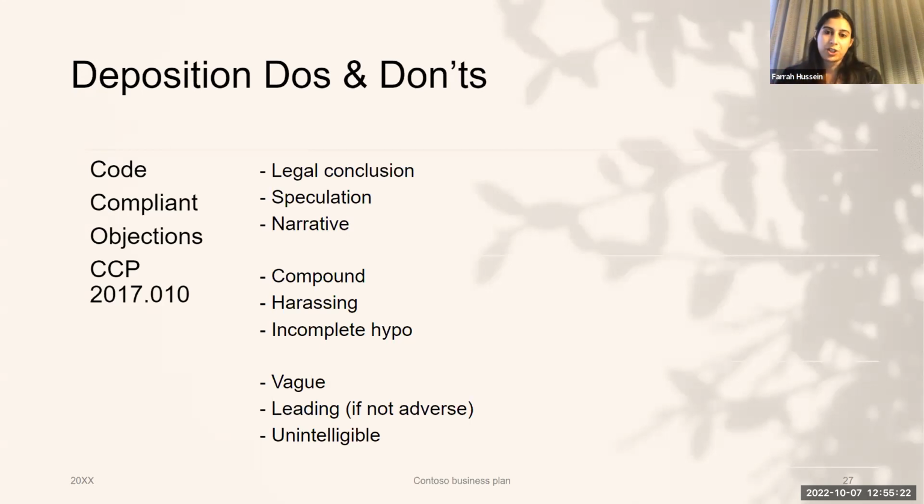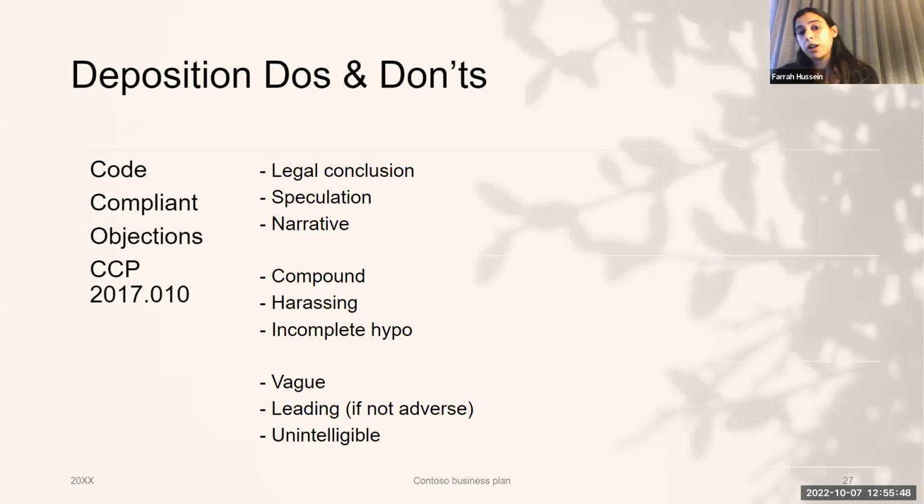So if you ask a question that calls for two answers, that's not going to produce a clear transcript. And usually counsel's pretty good about agreeing that it's compound and separating it. Harassing, an incomplete hypothetical, vague, leading, and unintelligible. So more often than not, when you are making an objection, you're just making it for the record.